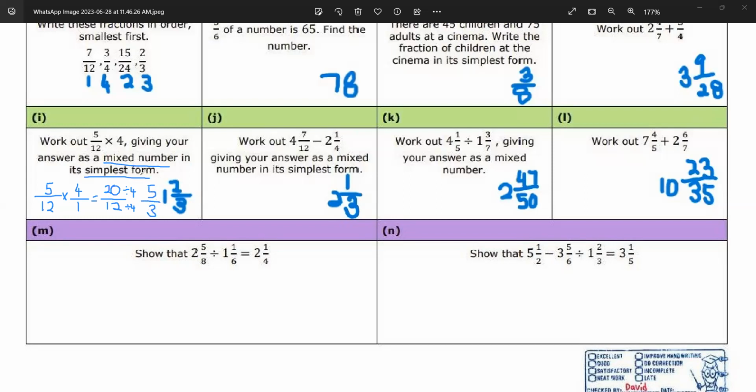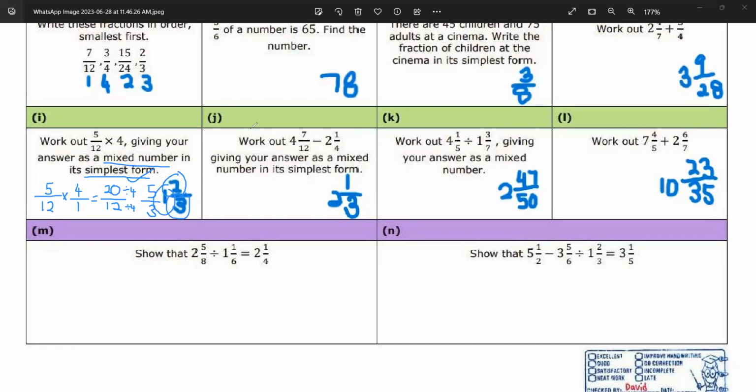Now this is the simplest form. Then now the mixed number. So 5 divided by 3 will become 1 remainder 2. So 1 will be the whole number, 2 will be the numerator, and 3 remains the same as the denominator.